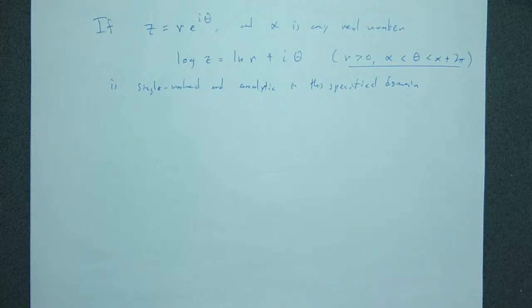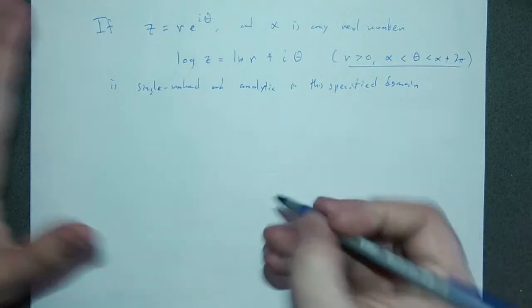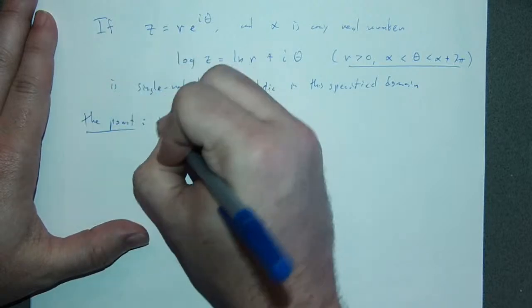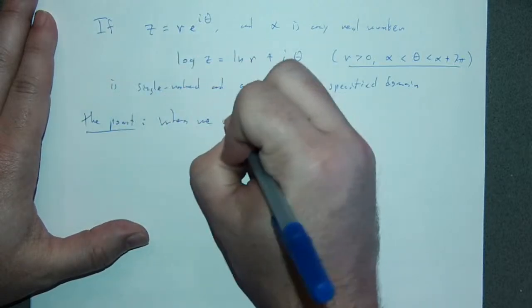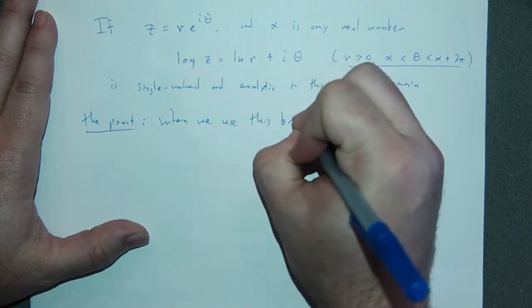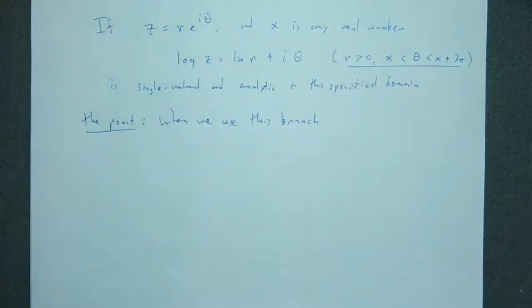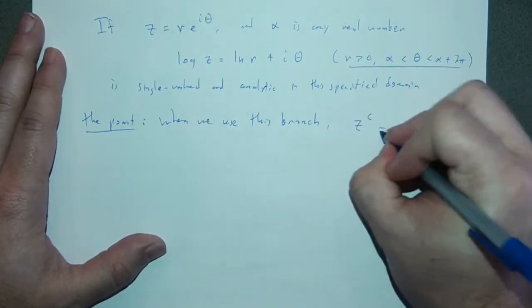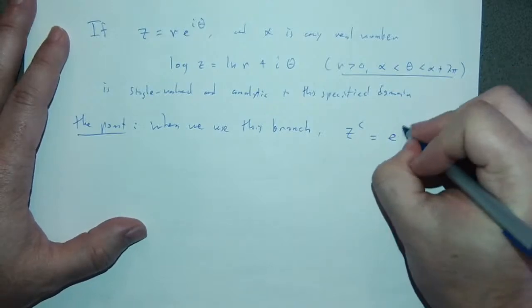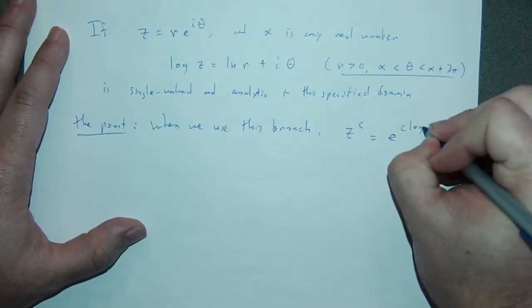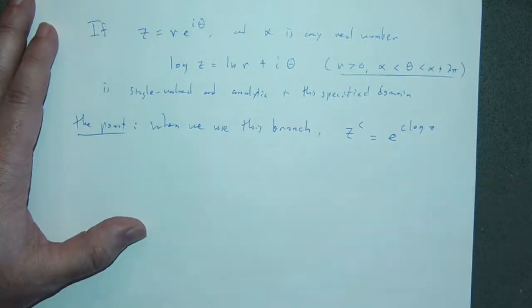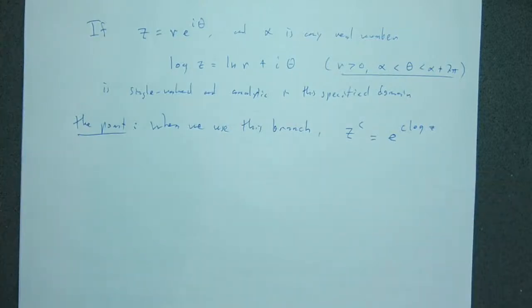Okay. All right. So then, the point, right? When we use this branch, instead of just the entire log z function, when we use this branch, this function that we defined, z to the c, which is e to the c log z, because we're using this branch, log z is single valued and analytic, and so now we are doing a composition of analytic functions.